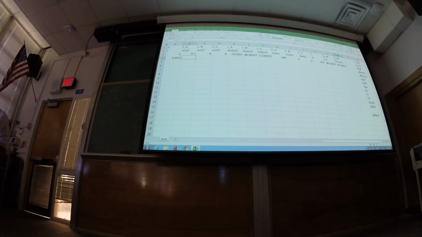And so the formula that we wrote down was total concentration times the flow rate of A divided by the total flow rate. So that's the flow rate of A divided by the sum of the three flow rates. And of course, that's not there yet, so I'm going to get a divide by zero error. It's not a big deal. It'll be there in a second. Times T naught divided by T. And again, the temperature's not there yet.